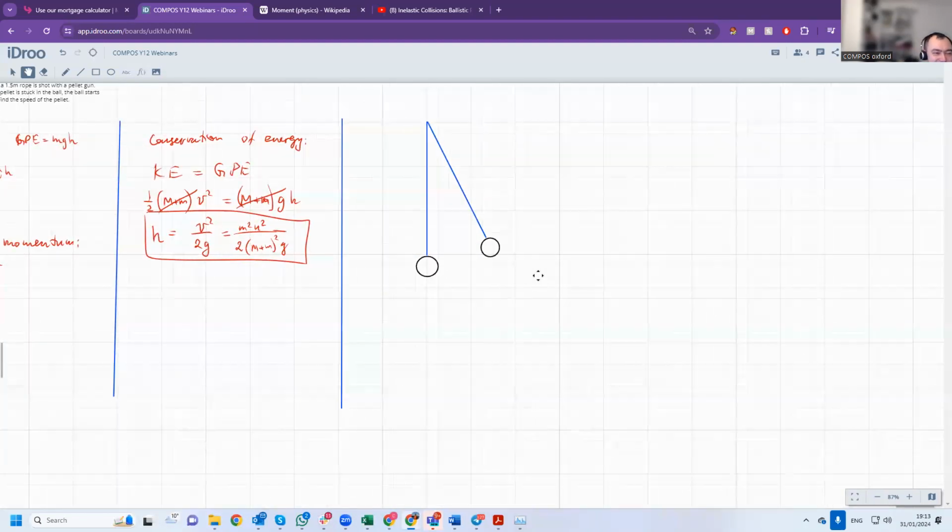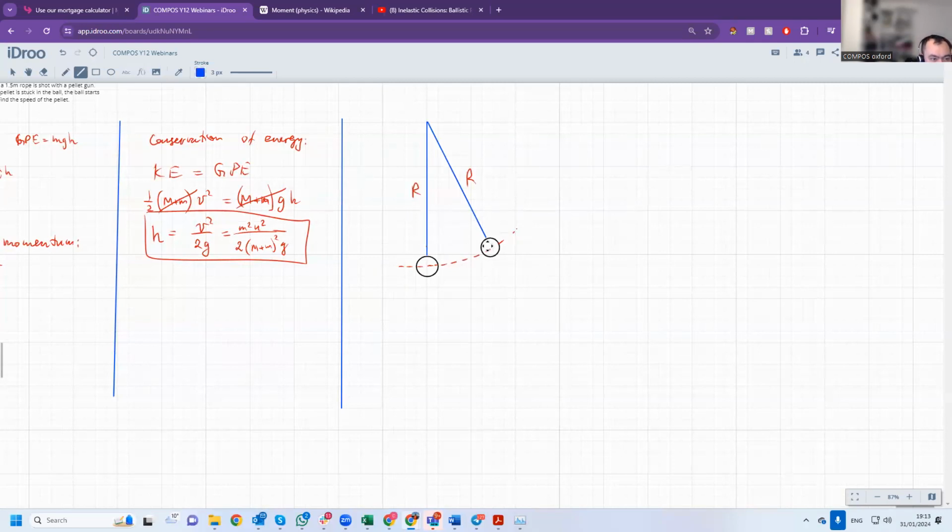Okay. Now let's say this is the radius of this swing, the length of the rope, which is r. Why r? Because it's the radius of the circle. I like it more like that.